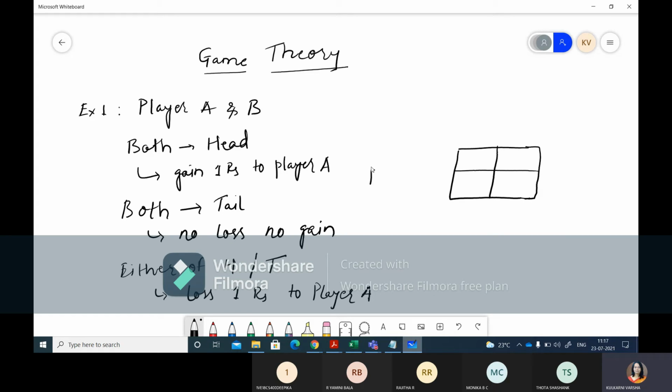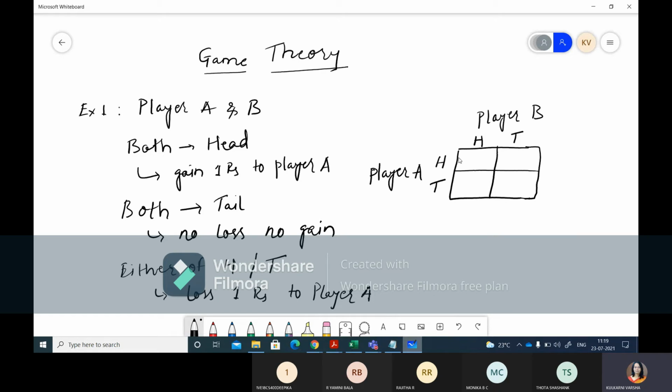So we'll say this is player A and this is player B. Okay, and they have two strategies. Whenever they throw up that coin, they will get either head or tail. Here also either head or tail. So this is what we have put up, right?